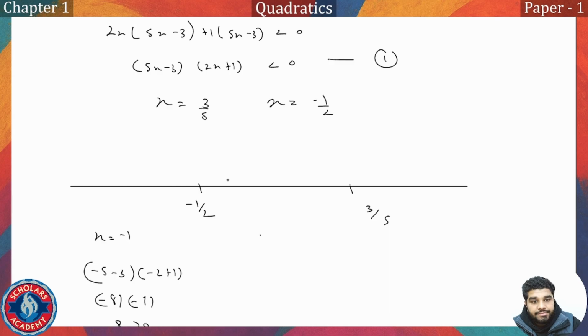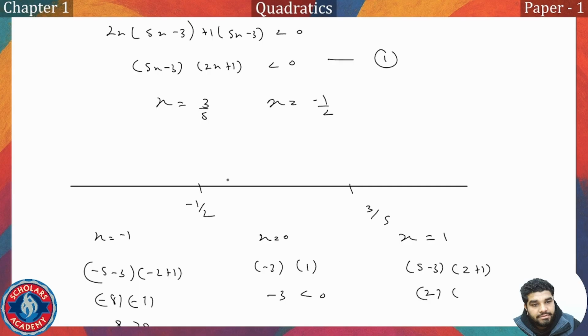Now if I choose x equal to 0, what I get is -3 plus 1, which is -3. So -3 is less than 0. So yes, I will take this interval. If I check last, I take x equal to 1. If I substitute it, what I get is 5 minus 3 and 2 plus 1.